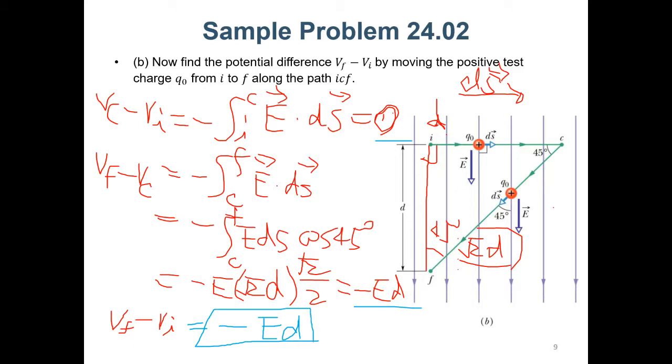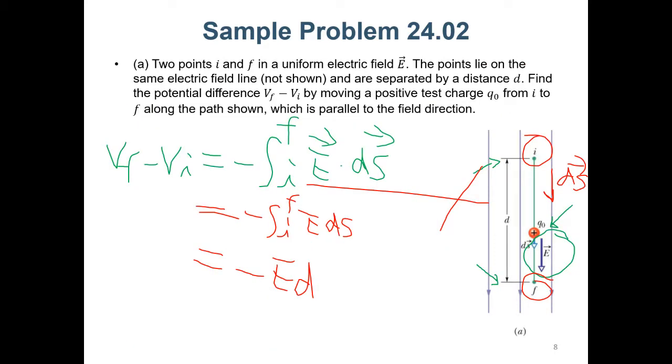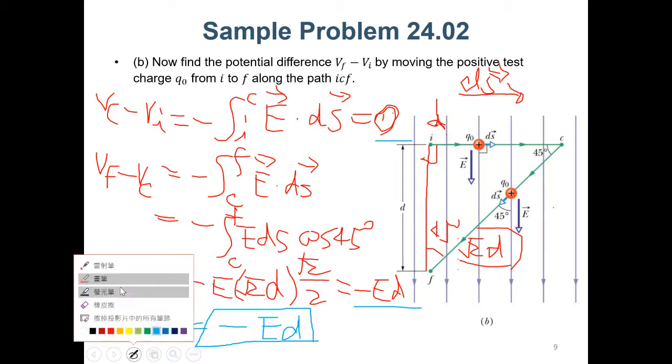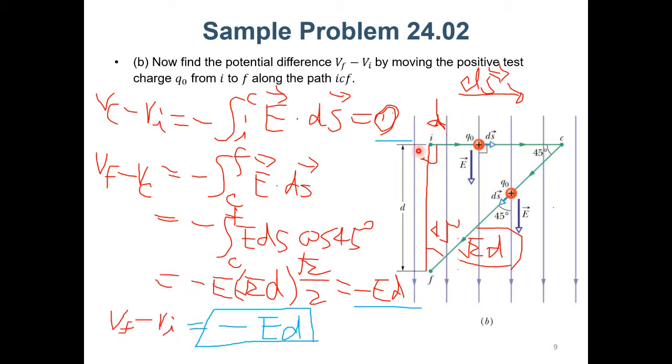Actually, for these two cases, they are the same. For these two questions, the initial point and the final point are the same, so no matter which path it goes, the potential difference is the same.